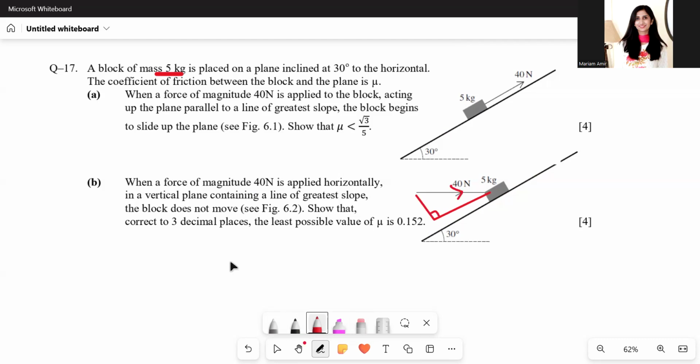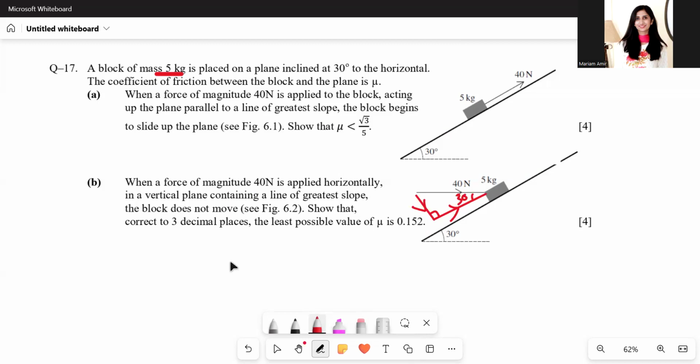And since this arrow is in this direction, the arrow here will be downwards and the arrow here will be rightwards. Okay. And now we know that between the slope and the horizontal, there's a 30-degree angle. So similarly, there's going to be a 30-degree angle here.